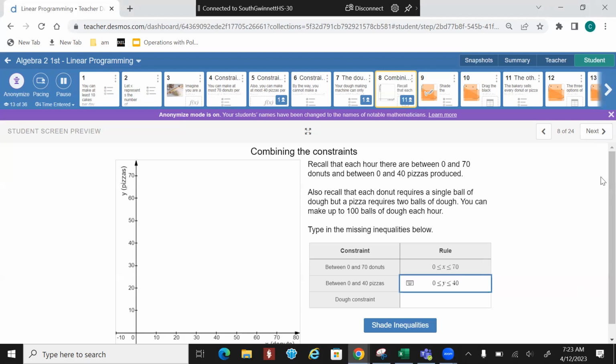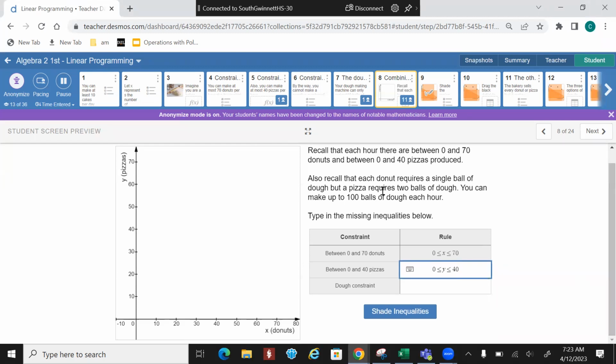Now, the dough constraint that they give us, they said it can only be up to 100, right? And it requires 1 for the donut and 2 for the pizza. So we're going to say x plus 2y is less than or equal to 100. Remember, that's the same inequality that we just wrote on the last slide.